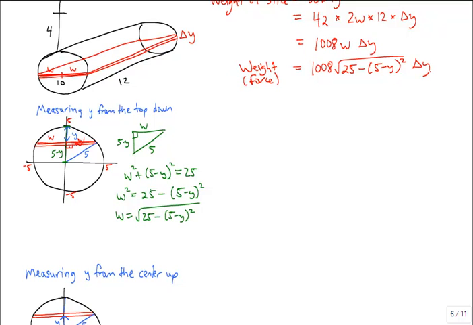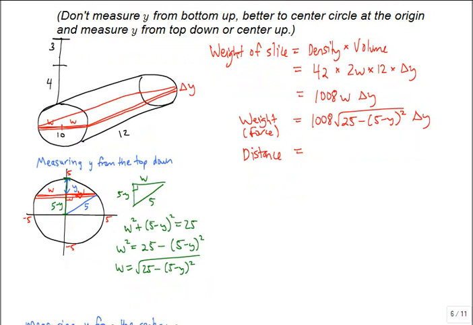So now we know our weight. What we need to know next is the distance that this slice needs to make. So first of all, if this is my slice, how far does that slice need to move to get to the top of the circle? Well, it needs to go from the top here up to that circle, which is exactly what we're calling y. This distance right here is our y.